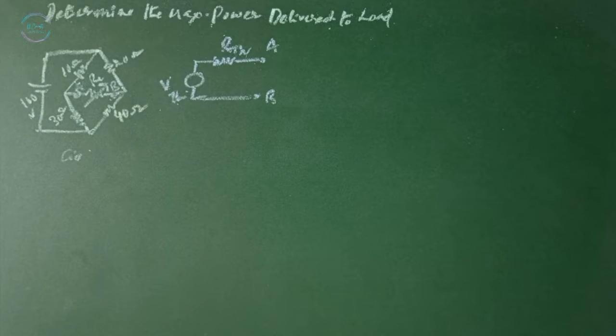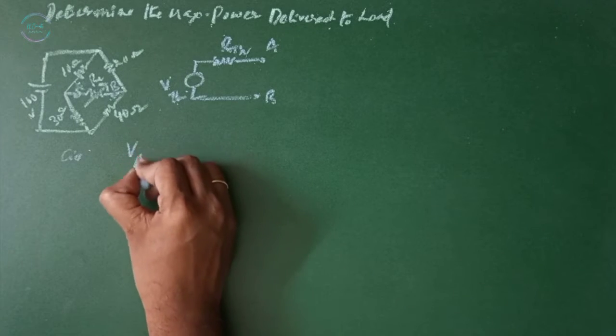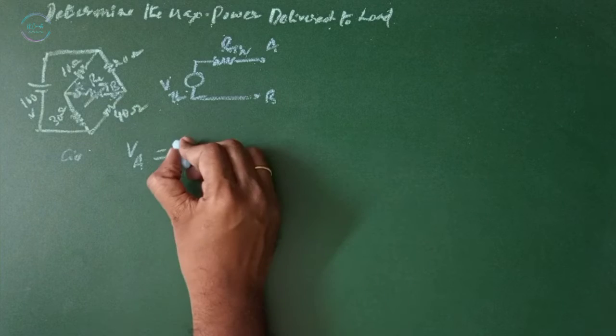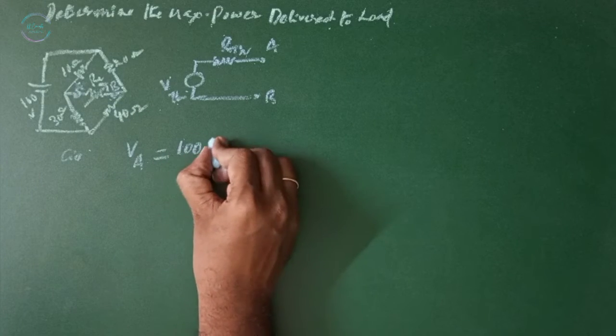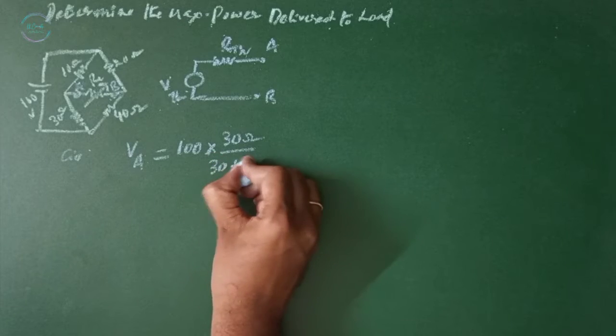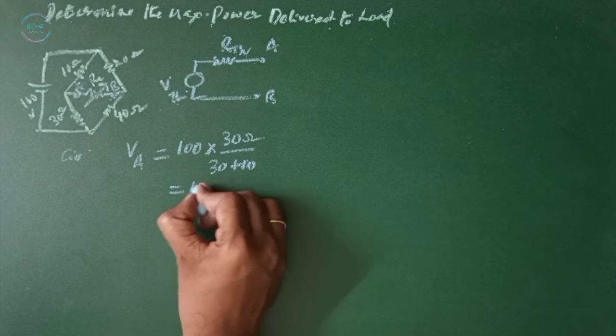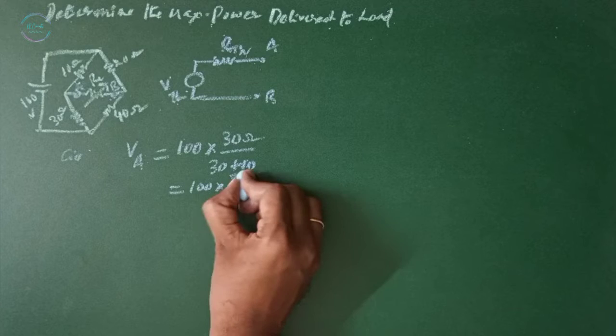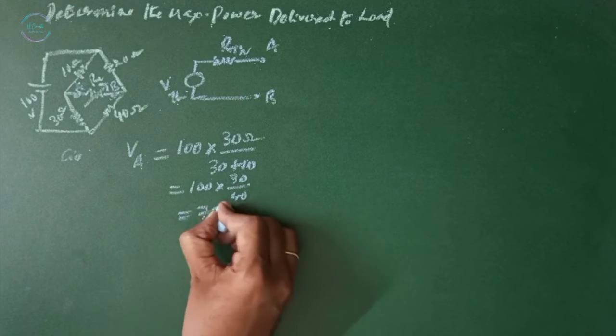Now, finding VTH, the voltage at point A is given by the voltage 100 multiplied by 30 ohms divided by 30 plus 10 ohms. 100 into 30 by 40, 75 volts.